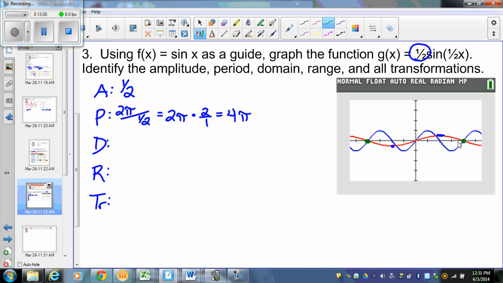All right, now let's talk about the domain. The domain is never going to change. That's the nice thing about these. It's kind of like the polynomial graphs. Your domain is always all real numbers for all sine and cosine. Now, when we get into the other 4 functions tomorrow, it's going to be different. But domain for sine and cosine is always all real numbers. And then your range, whatever your amplitude changes to, that's going to change your range.